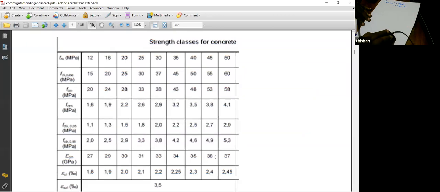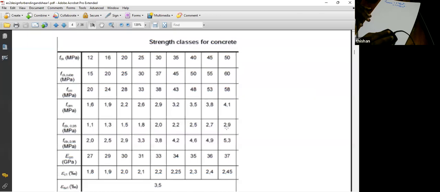and here you can see the maximum tension that we can allow is about 2.9 for FCK 50, 2.7 for FCK 45, about 2.5 for FCK 40, and 2.2 for FCK 35. So these are the kind of strength values that we generally use with pre-stress concrete.